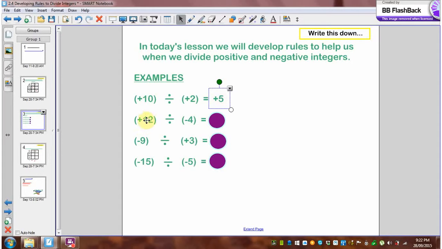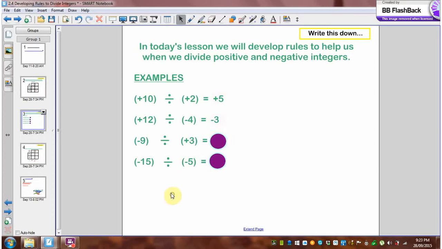Alright, for the next example, we've got a positive 12 divided by a negative 4. We look at our numbers first. 12 divided by 4 is 3. Then we look at our signs. We have a positive and a negative, so we have different signs. So the answer is going to be negative 3. Make sure you write that down.